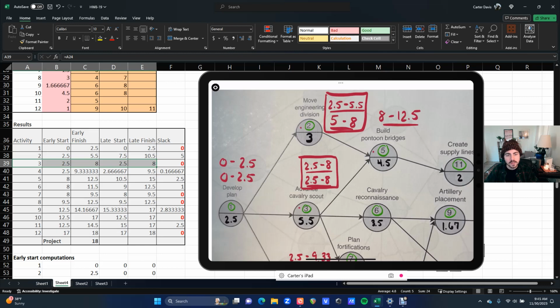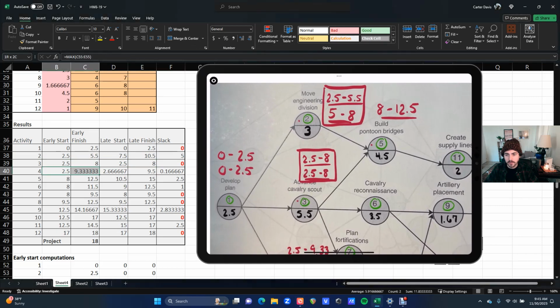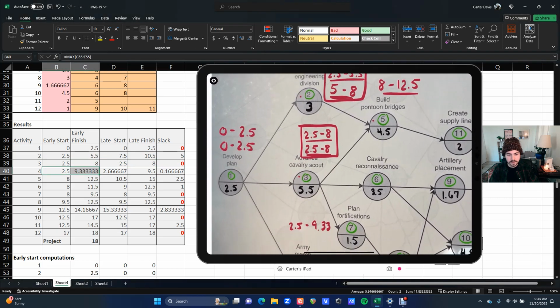That's kind of interesting. Now, why would we have that much time for... Hold on, because 2 goes to 5. Slack time. Okay. We had the early start, early finish right for 4. We can see that down here.